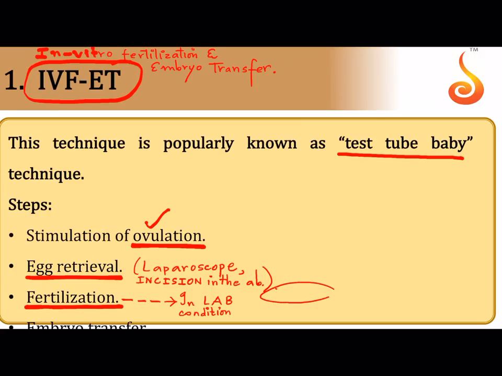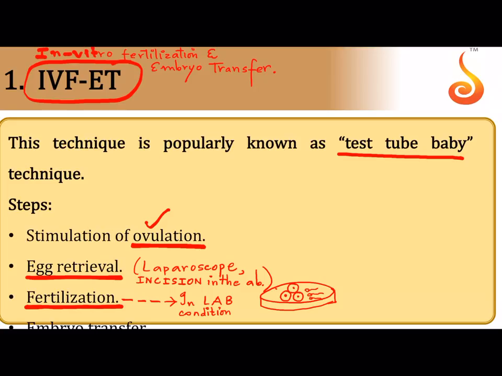So imagine that there is a petri dish like this. Here the husband's sperm is also introduced. First the eggs which are collected from the woman are placed inside the petri dish, and then the semen of the husband is introduced into this petri dish. So you can imagine what will happen now. Fertilization takes place.